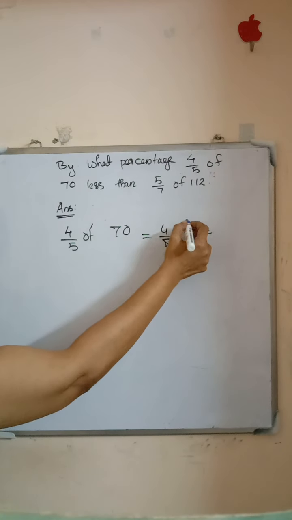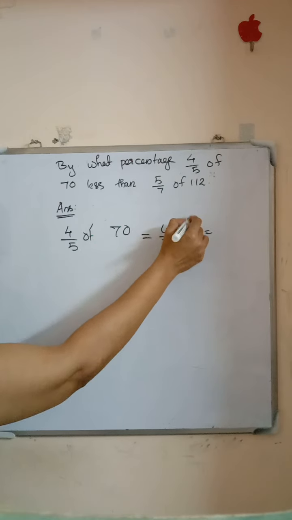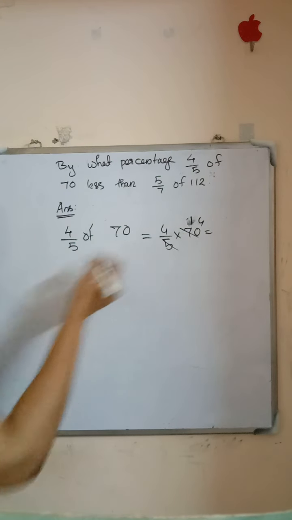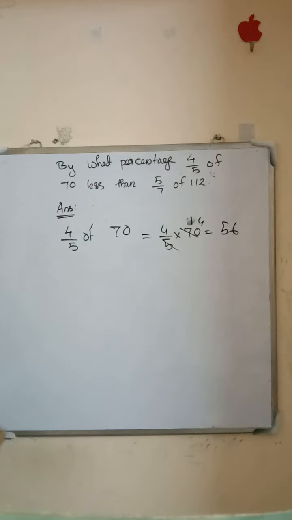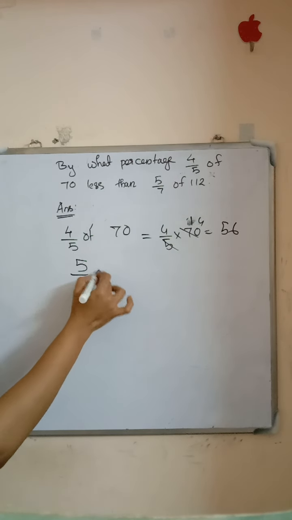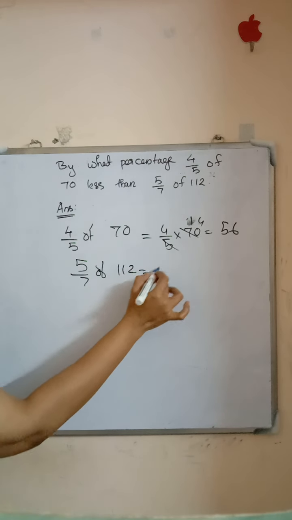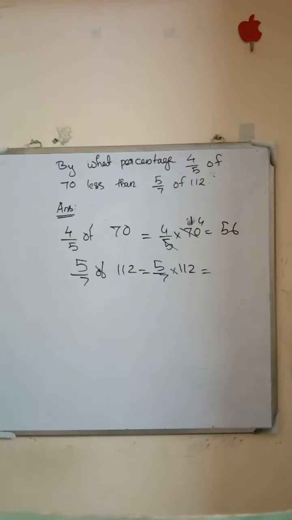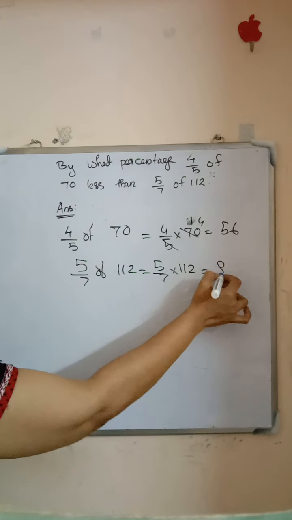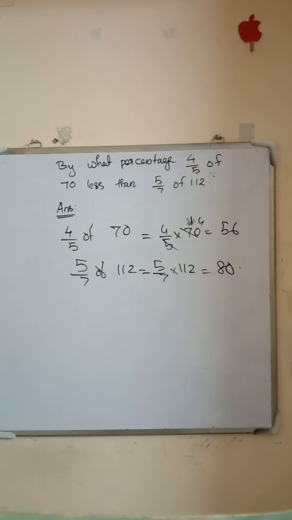That is equal to 56. Also 5 by 7 of 112 equals 5 by 7 into 112. That is equal to 80.